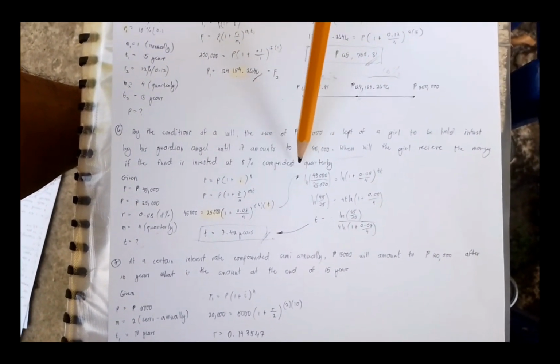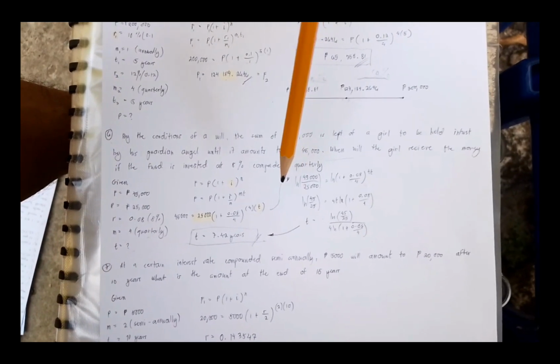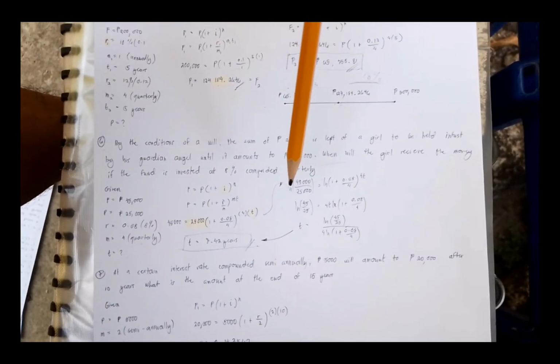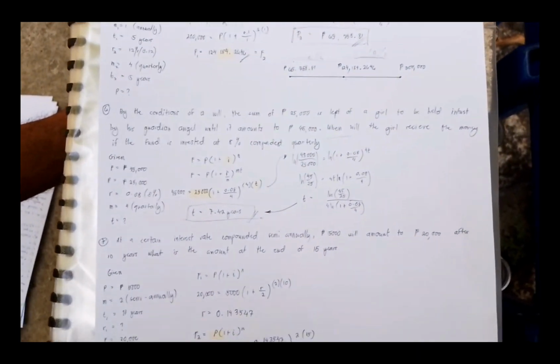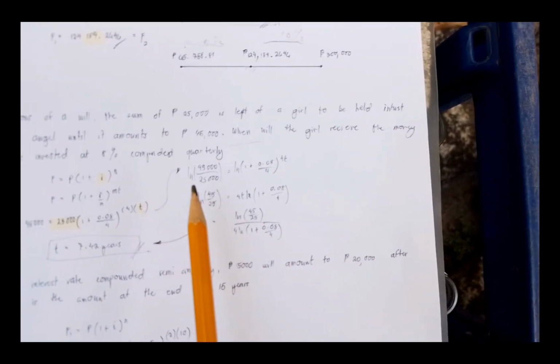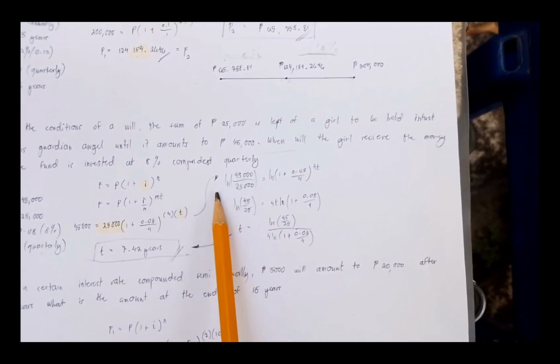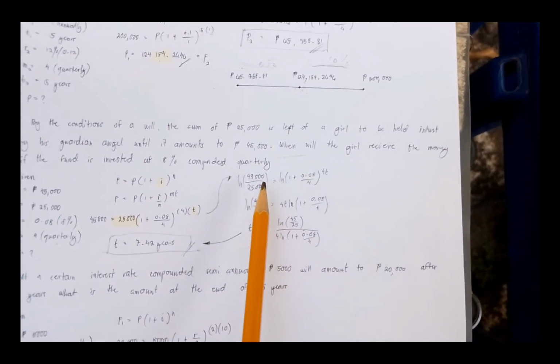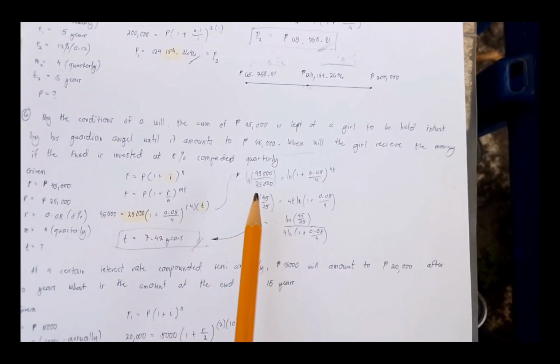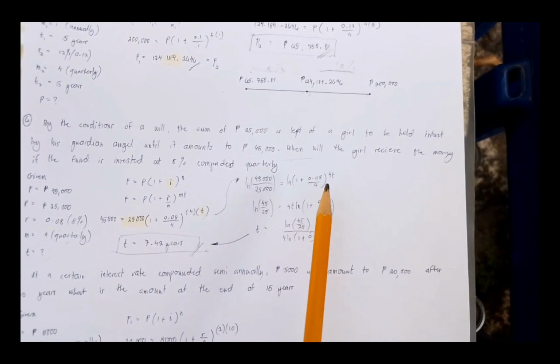And here is how to solve it without using a calculator, if you don't know how to use shift solve. First, divide both sides by 25,000, then apply logarithm.